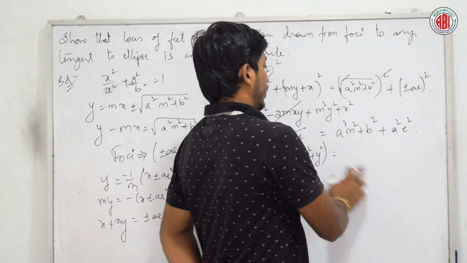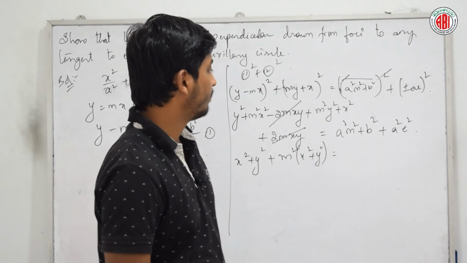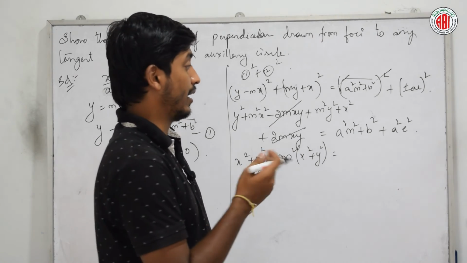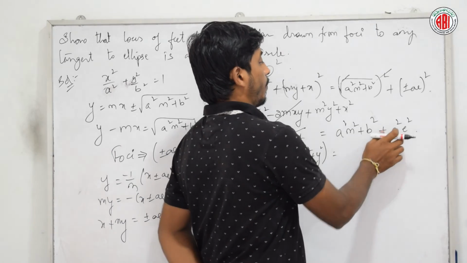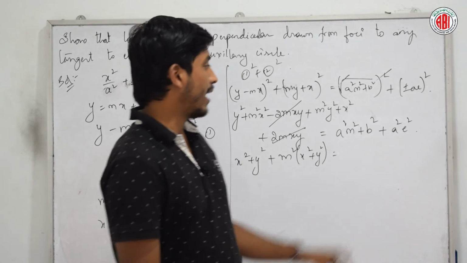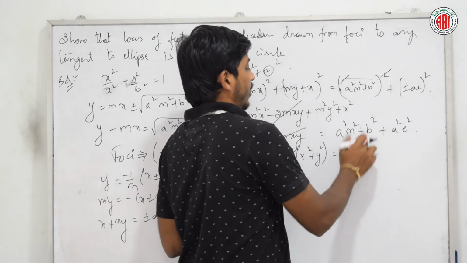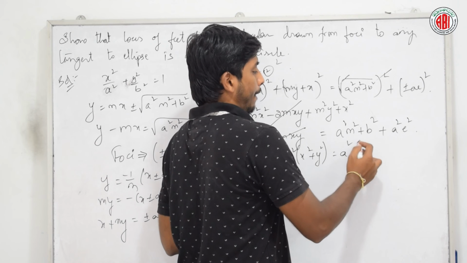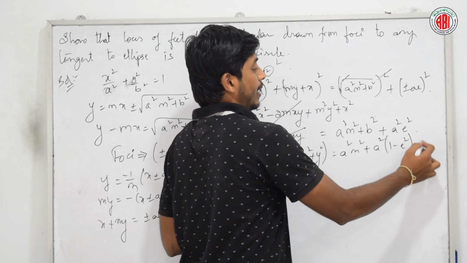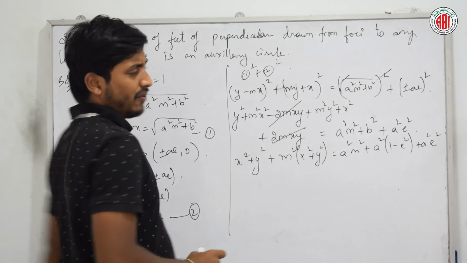Now check if you can simplify something. a square m square plus a square e square. What is this? Do we have any correction with this? Right? Now tell me here, what is b square? b square is nothing but a square into 1 minus e square. Right? So let us simplify that.